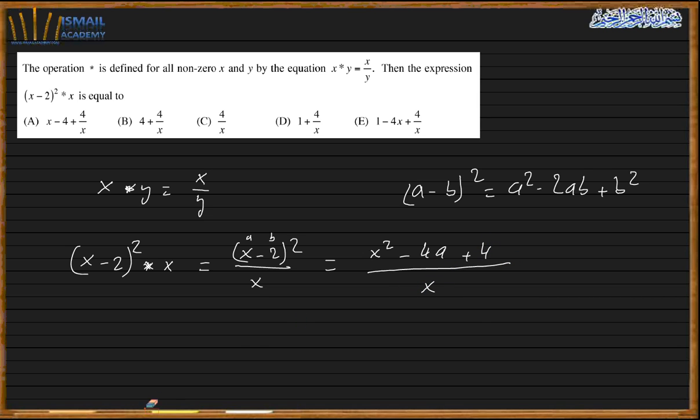So here my a is x. Now I split the denominator for all terms, so they're going to be x squared over x, 4x over x plus 4 over x, so I cancel, simplify. So I got x minus 4 plus 4 over x. First one.